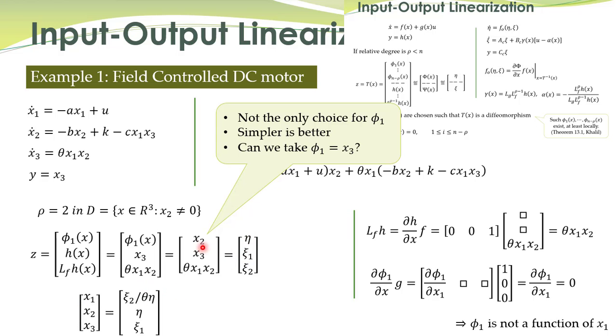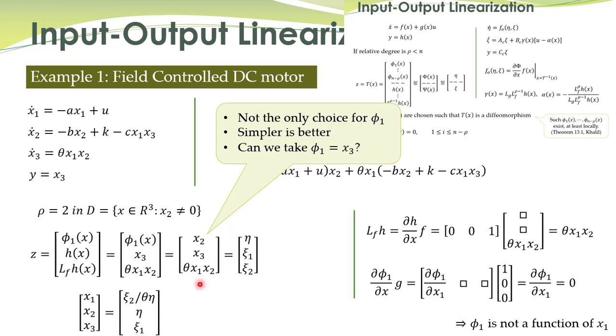From here x2 is equal to eta, x3 is equal to xi1, and x1 is found from this expression. So we see that the inverse transformation exists, and both this transformation and inverse transformation are smooth, their derivatives exist.